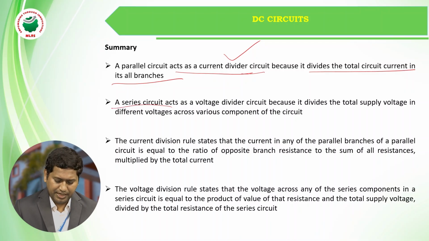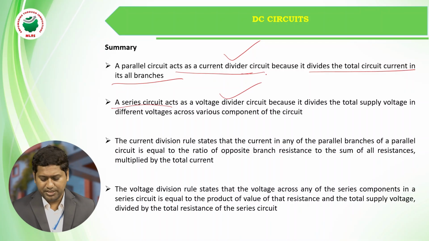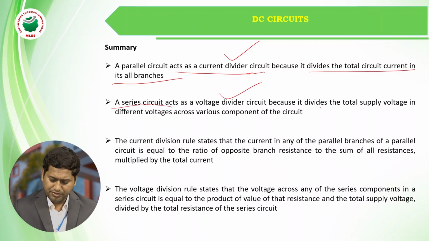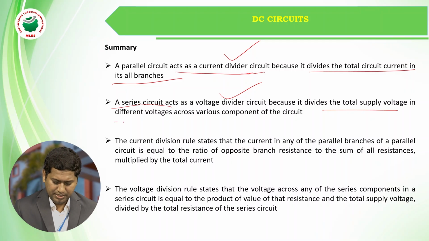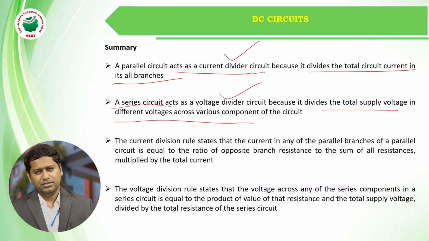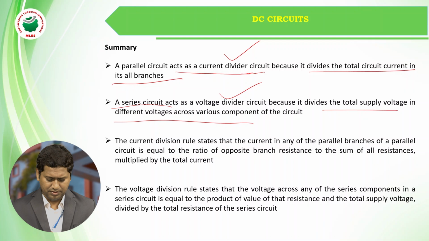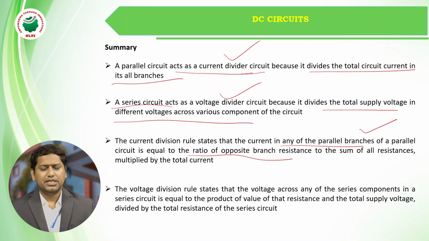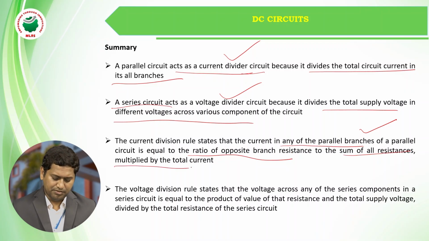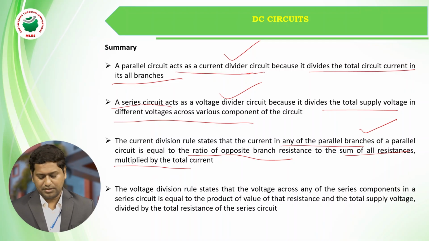A series circuit acts as a voltage divider circuit, where it divides the total supply voltage into different voltages across various components of the circuit. The current division rule states that the current in any parallel branch of the parallel circuit is equal to the ratio of the opposite branch resistance to the sum of all the resistances multiplied by the total current.